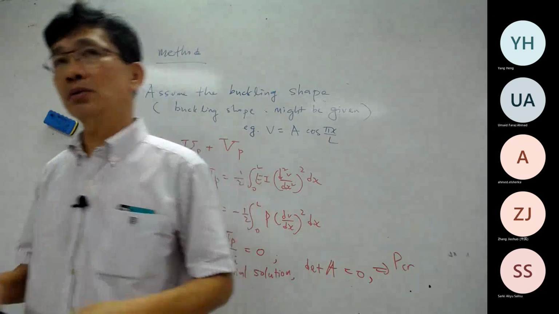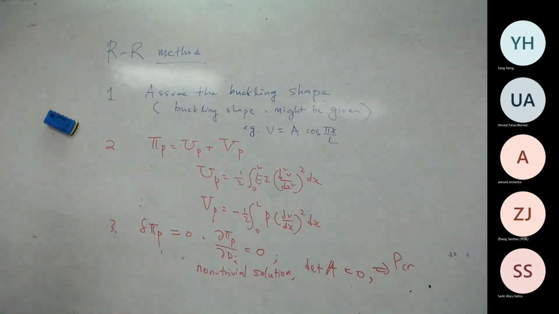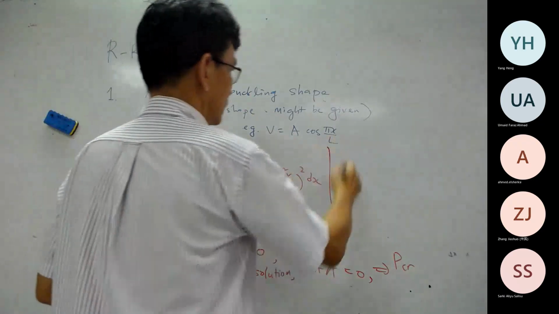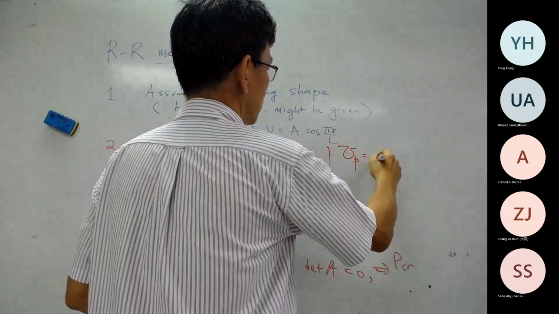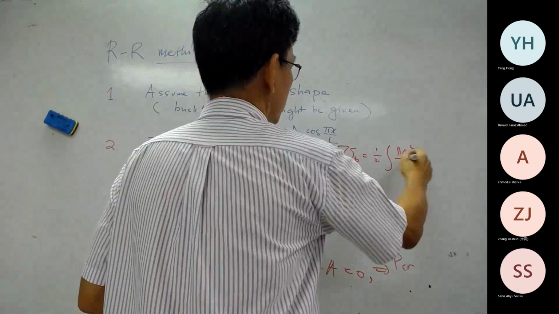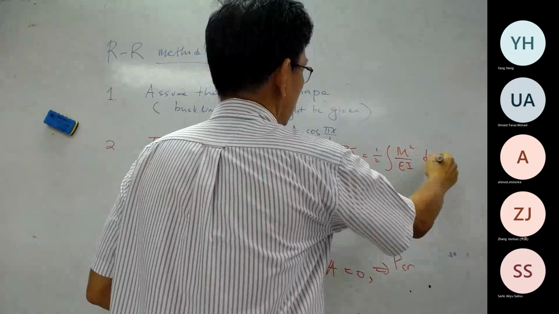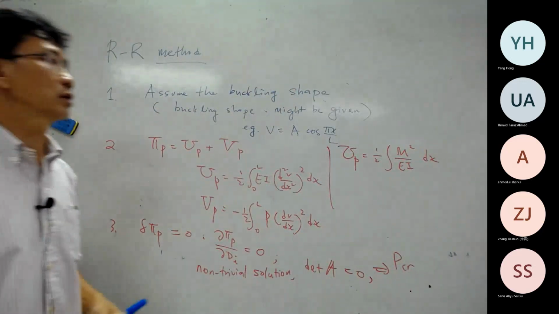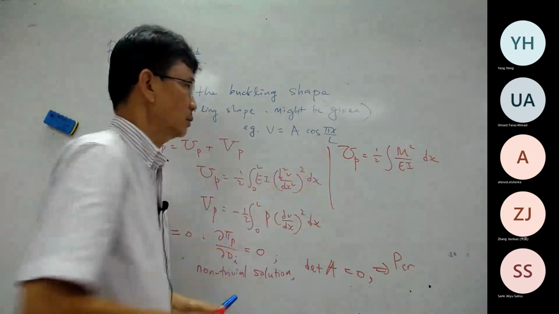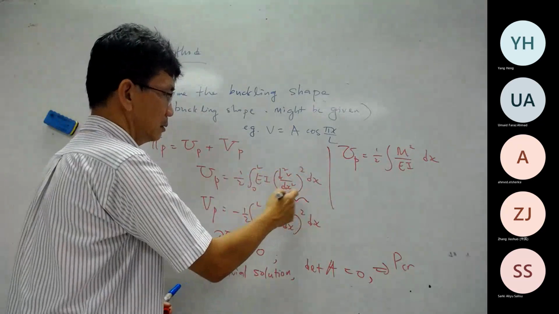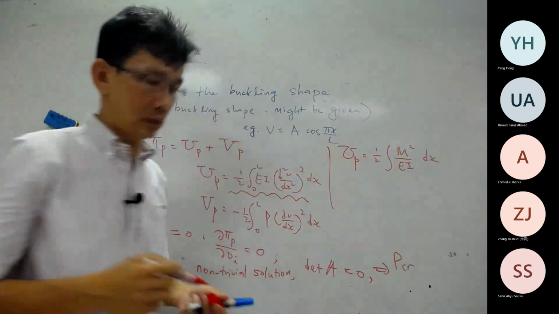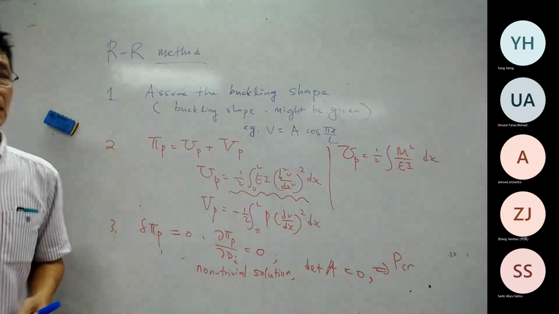And in your assignment also, you already solved one Rayleigh-Ritz problem. Some of you solved using another form, which is UP is equal to half m squared over EI. There are two ways to write this. If you can get the bending moment, that will be more accurate.